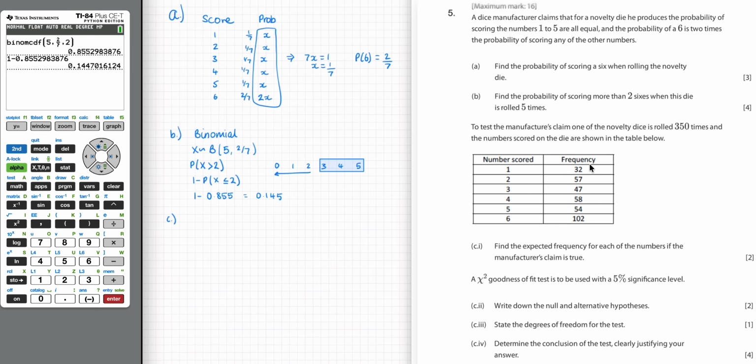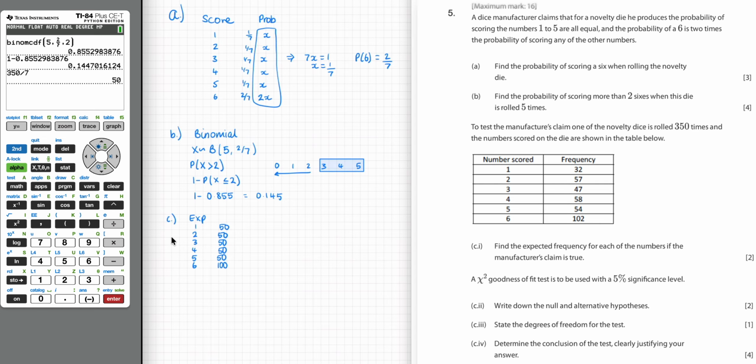So for the expected values for 1, 2, 3, 4, 5, and 6, we would expect of 350 times, 1/7 of them to be 50. So each of these would be 50, and then the probability of rolling a 6 is double, so we would expect to see a double, which is 100.